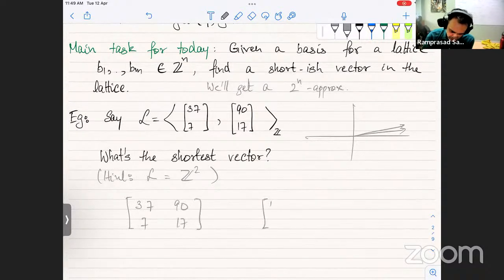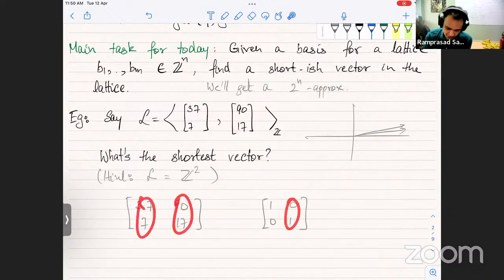Suppose I want to construct E1 and E2 from this. What should I ensure? I should make sure that this vector is some integer combination of these two vectors. I need to show there exists some integer combination such that that works. Similarly, this vector is supposed to be some other integer combination of these two vectors.